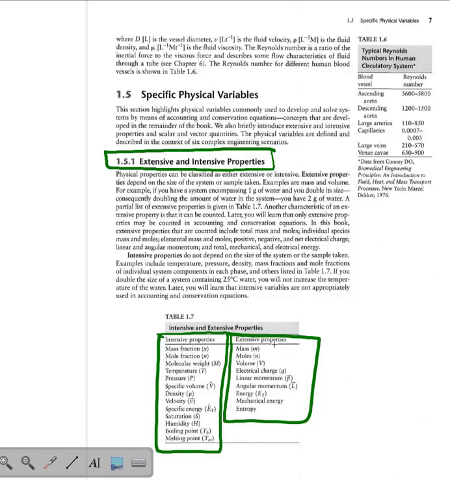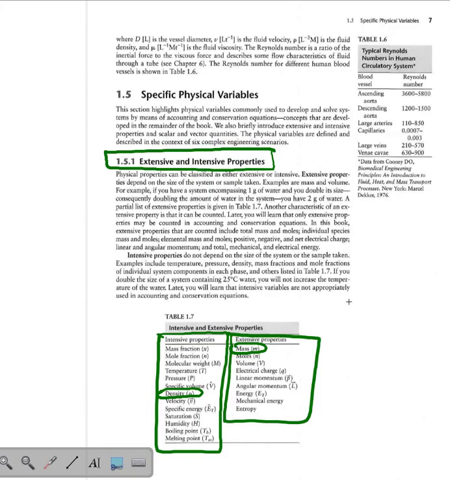So for example, if you're talking about the density of air, it doesn't matter if you're taking a cup full of air or a house full of air, it's still going to have the same density. That's an intensive property. Whereas the mass of the air in a cup would be quite different than the mass of air inside a house. Therefore, mass is an extensive property.